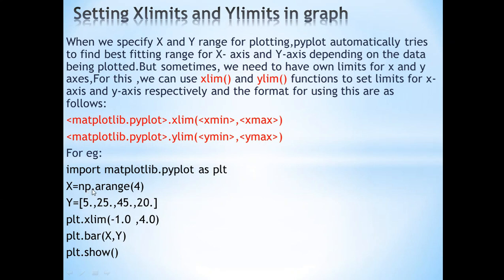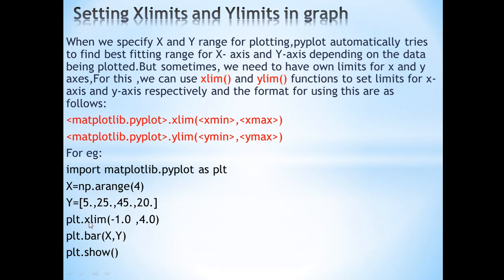Then the x value is specified as np.arange(4). That means x will have 0, 1, 2, 3, these four values, and the y-axis will have the values 5, 25, 45, 20. So these are the x and y values. Automatically the plotting will be done with the help of the pyplot module.